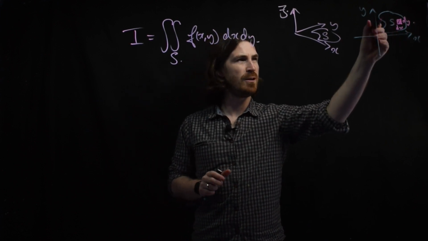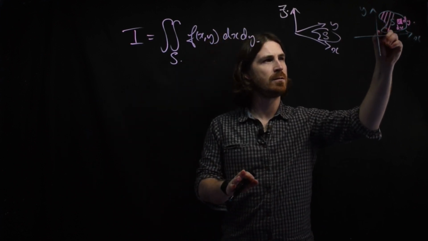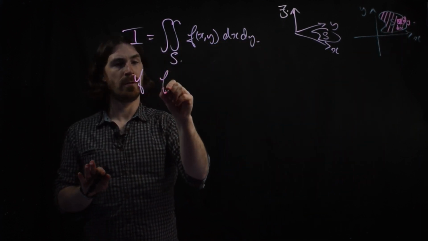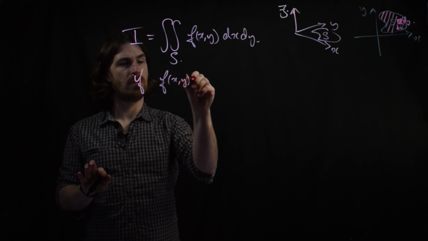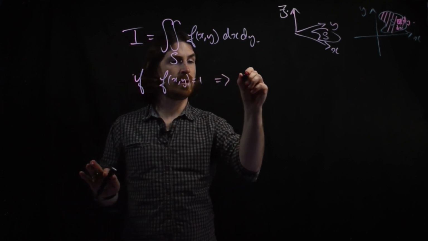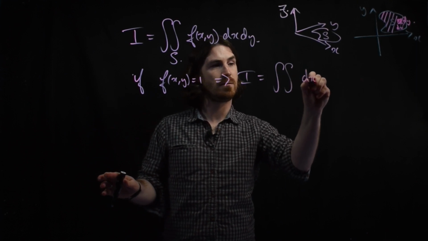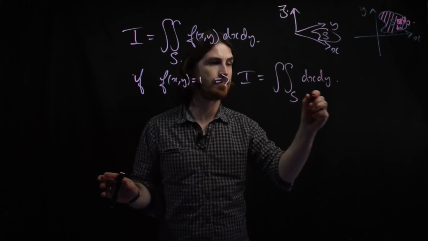We're summing these all up to get the total area of S. So if f equals 1, then I is just the area of the region S.